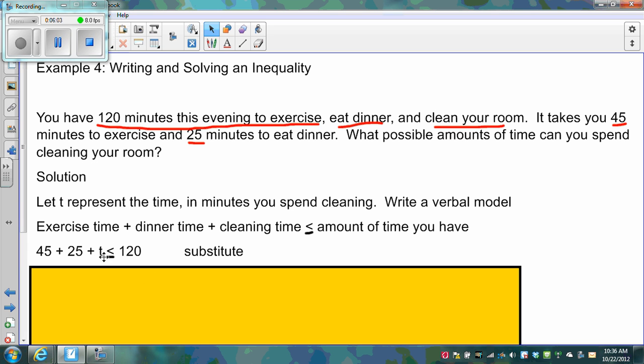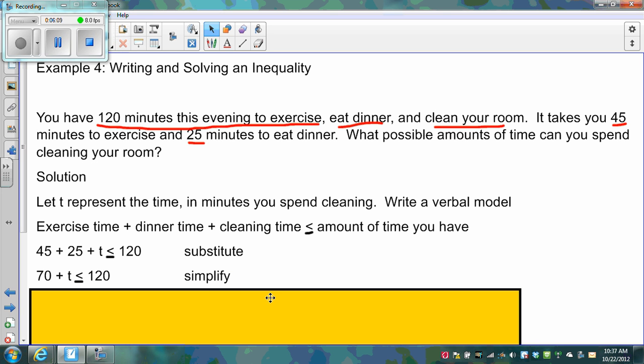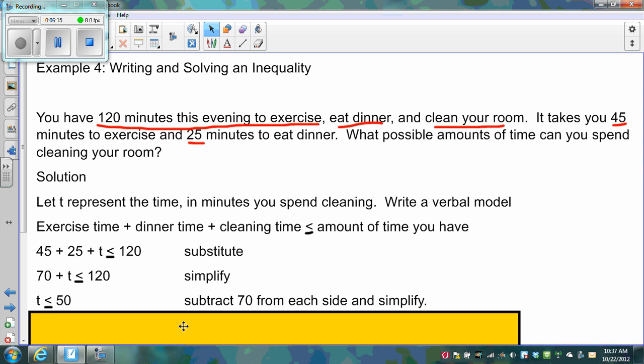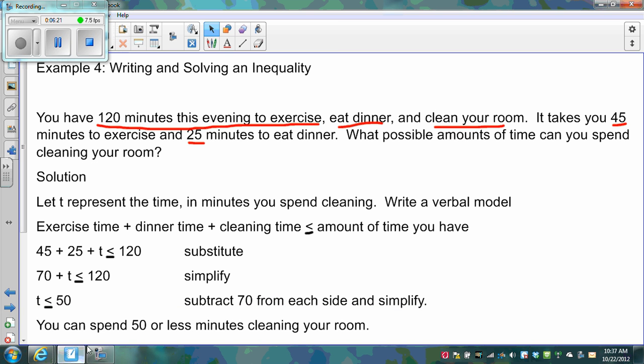This is going to allow us to solve for T, which will tell us how many minutes you can spend cleaning your room. We combine our 45 and 25 to simplify our like terms. We can then subtract 70 from both sides, giving us T is less than or equal to 50. So you can spend 50 minutes or less cleaning your room and still get all three things done within the total 120 minutes.